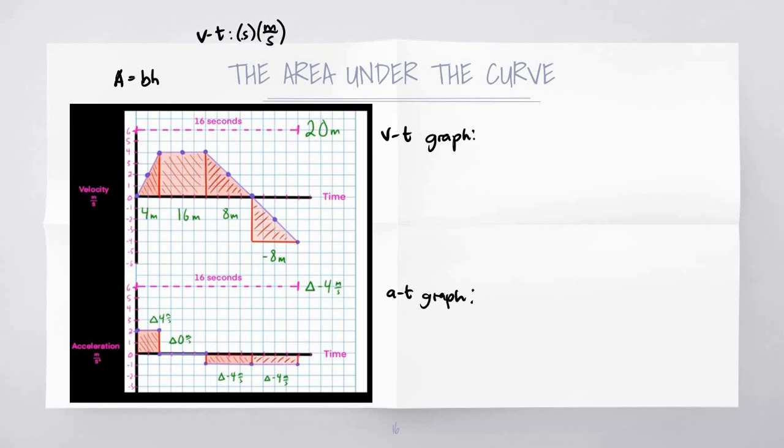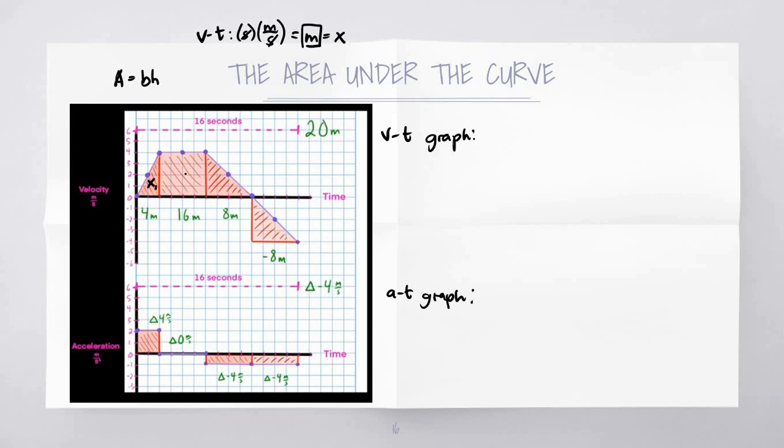So we cancel out the second unit, and we're left with the meters, and meters is a unit of position x, or displacement x, or distance. Alright, so definitely if we're trying to solve for the area under the curve of a velocity time graph, what we're getting is position x.